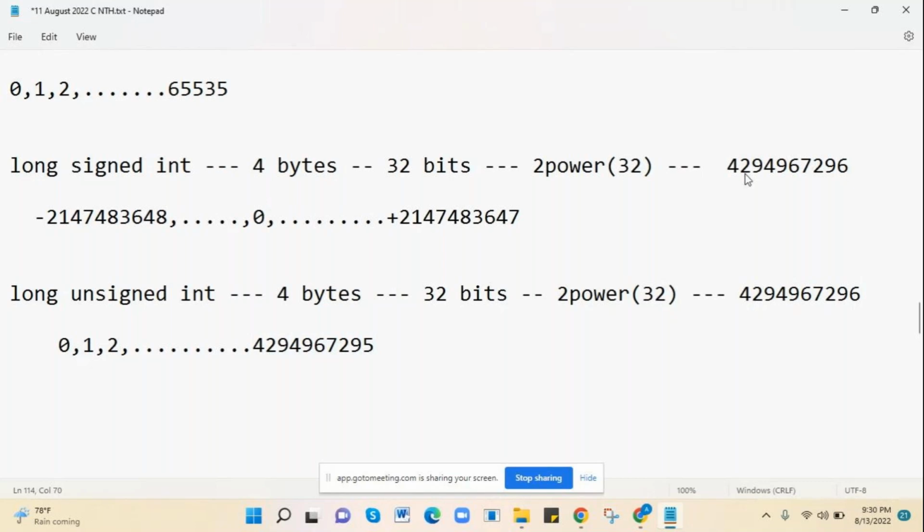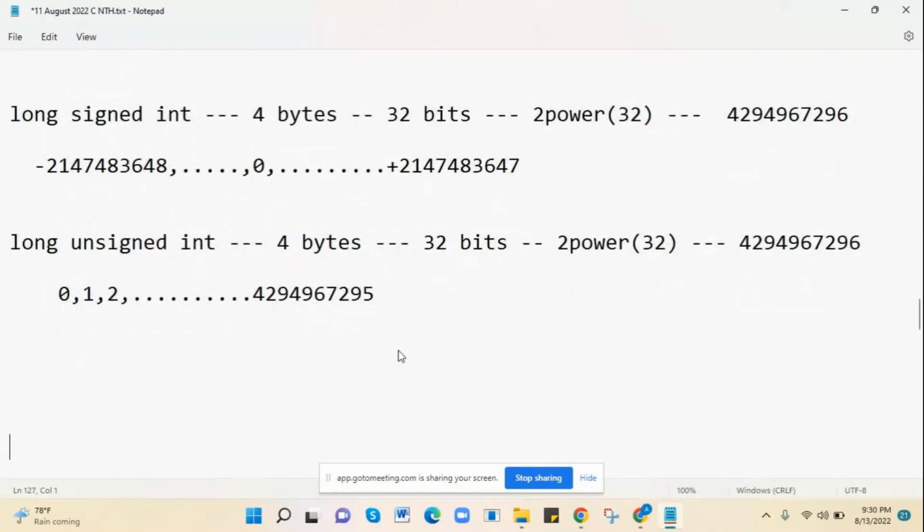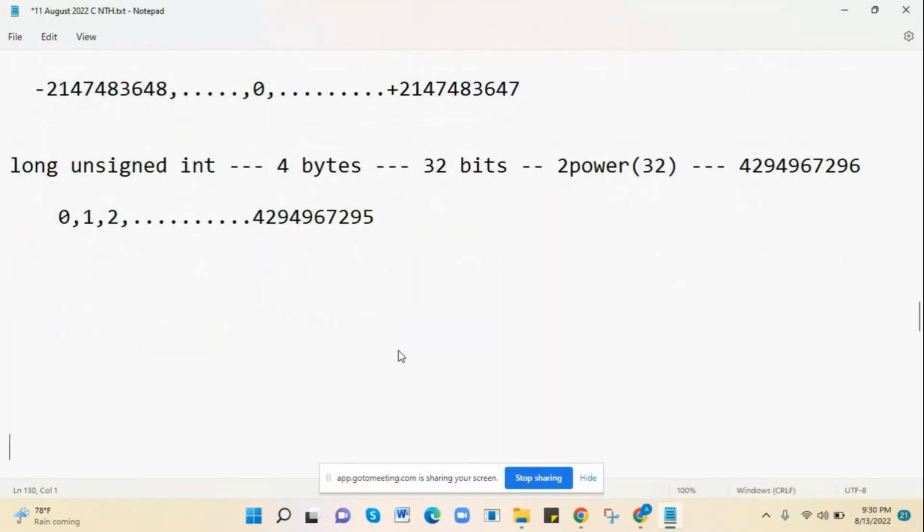Okay, so this is about long unsigned int. It has 4 bytes. Next again we have float values, which is also 4 bytes.